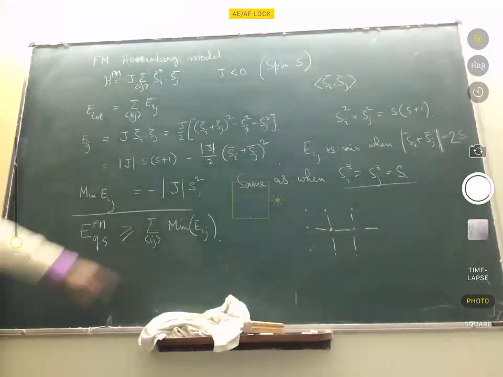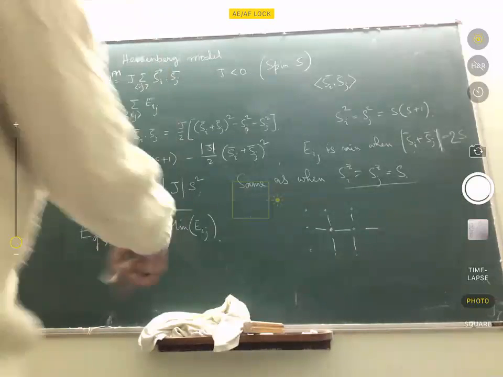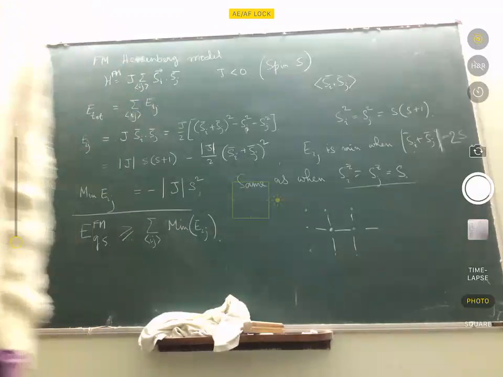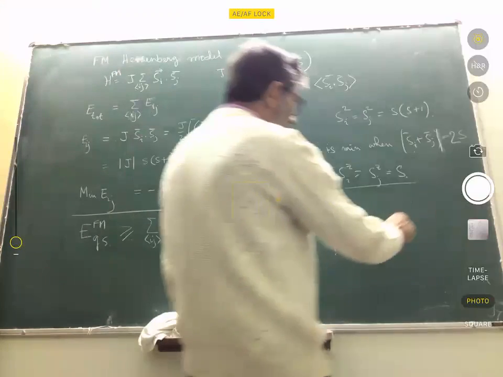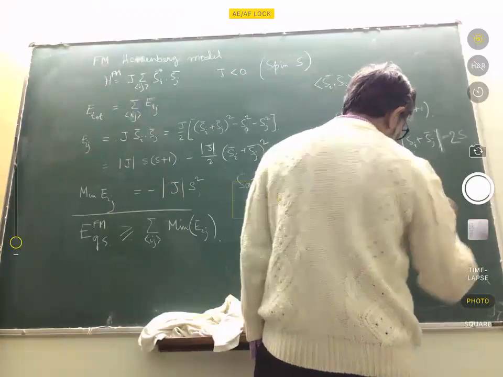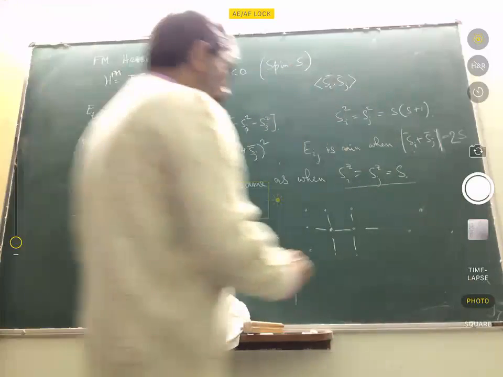Now, why do we have greater than sign here? There can be situations where you know how to minimize pair interactions, but when you have an extended arrangement of those, you do not know of any configuration how to minimize that. I'll give you one example. So consider 3 sites and consider a situation where the spins can be either up or down.